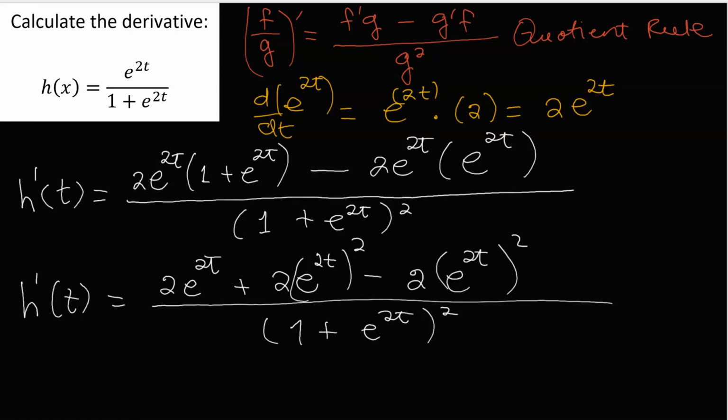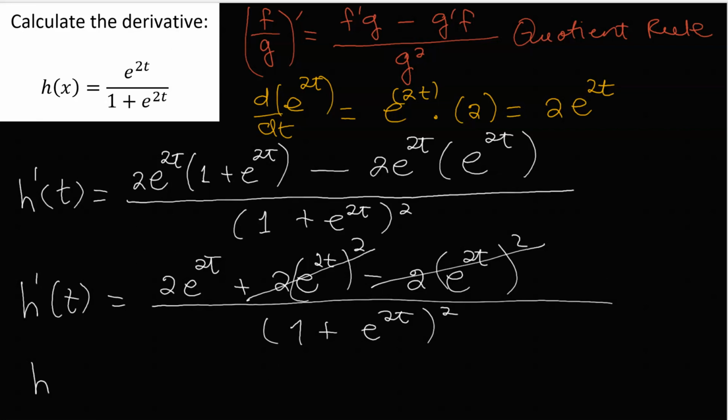Okay, now you can see that the positive of one term minus the negative of that same term, they are exactly the same with opposite signs, so that's going to give you 0.